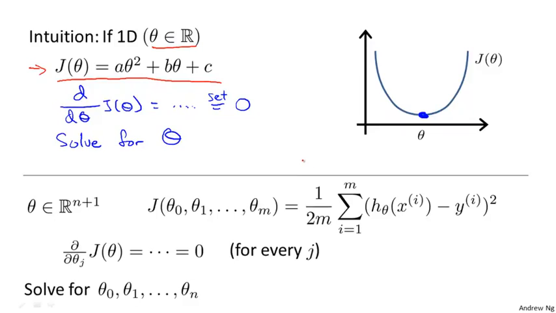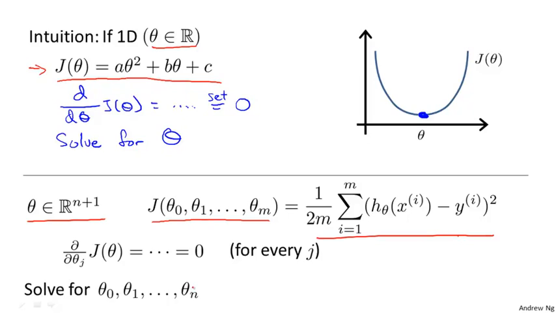In the problem that we're interested in, theta is no longer just a real number, but instead is this n+1 dimensional parameter vector. And our cost function J is a function of this vector value theta 0 through theta n, and the cost function looks like this sum of squares cost function on the right. How do we minimize this cost function J?